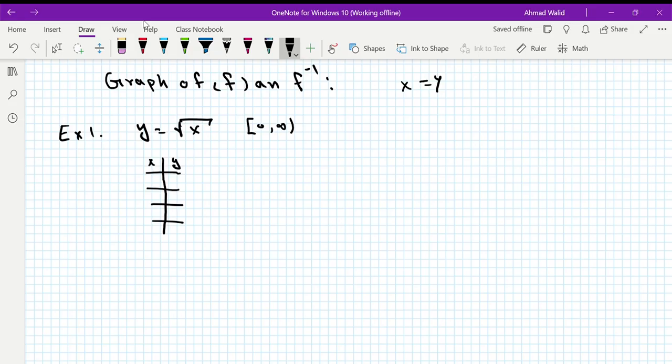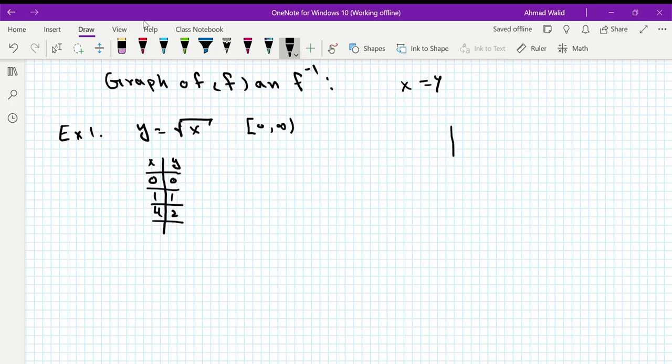Then plug in a few numbers, correct? When x is 0, if you plug in here 0, y becomes 0. When x is 1, y is 1. When x is 4, the square root of 4 is what? 2.